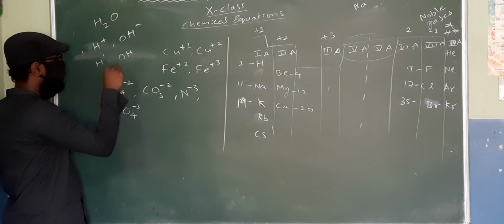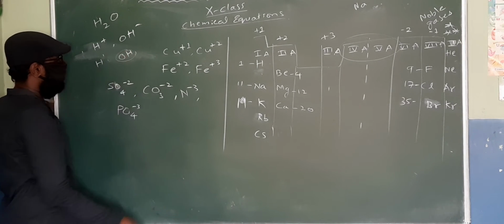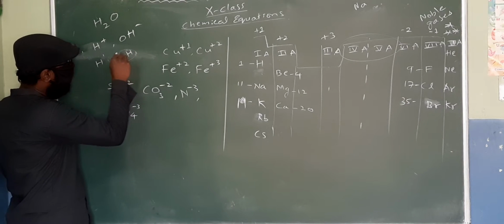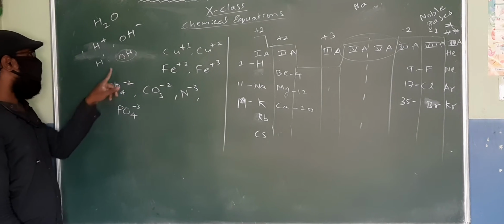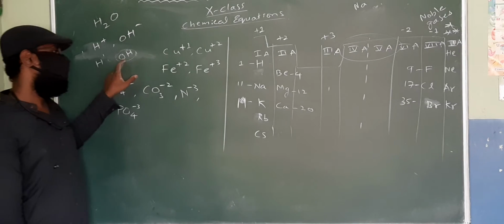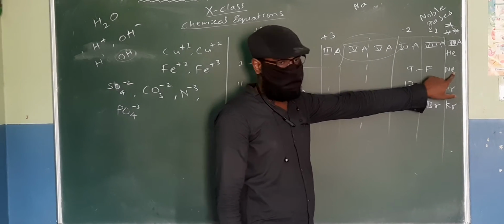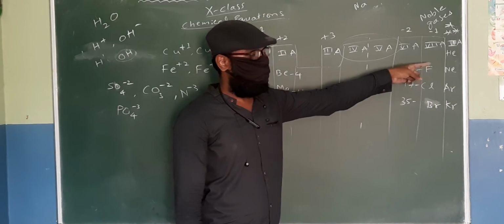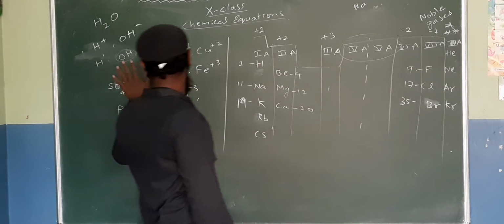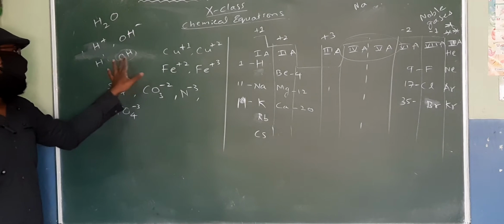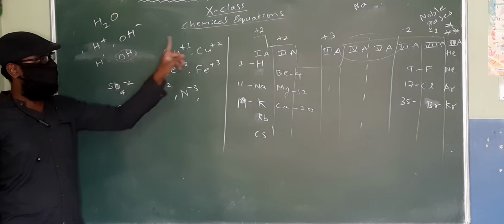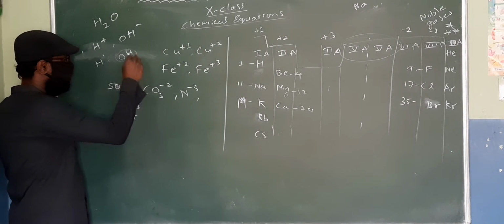Oxygen has 8 electrons, hydrogen has 1 electron. Together that is 9 electrons. Now, if they are together and they have 9 electrons, how many electrons extra do they need to become like a noble gas? Check here. Neon has 10 electrons. So, if these two together have 9 electrons, if it just gains 1 more electron, that will be 10.